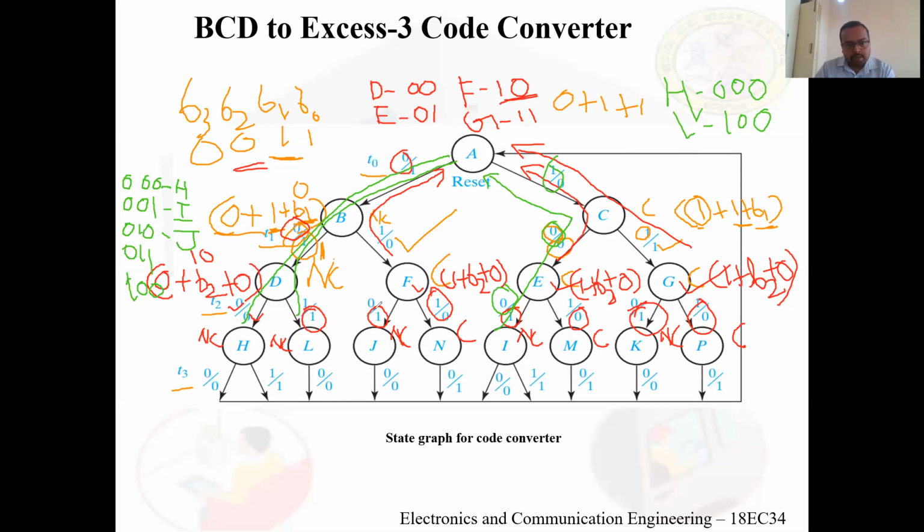J will be 0, we have 1 here, and we have 0. 0, 1, 0, and the state is J. This is how you need to give the state names.